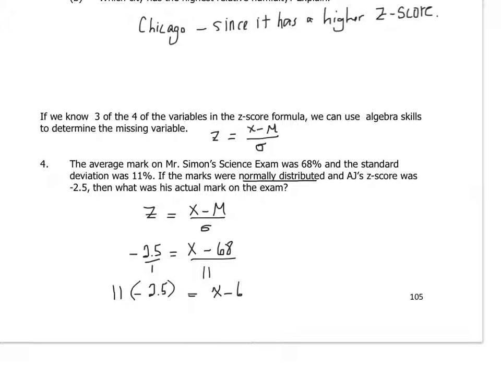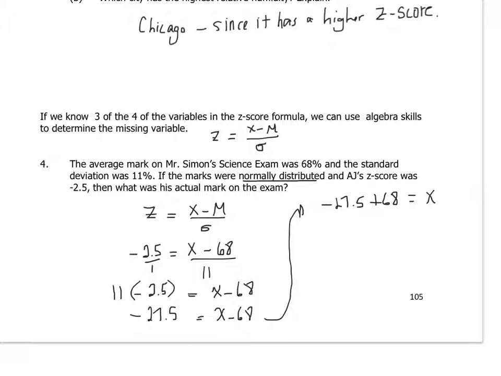So negative 2.5 times 11 is negative 27.5 equals x minus 68. Then, if you want to get x by itself, you have to add 68 to both sides.